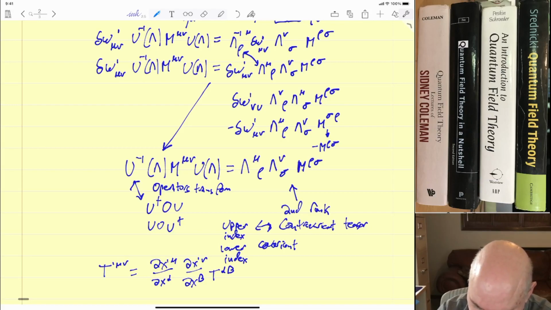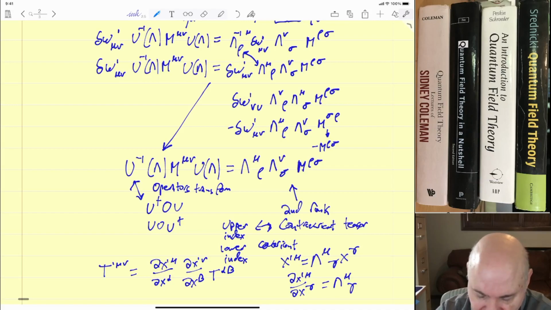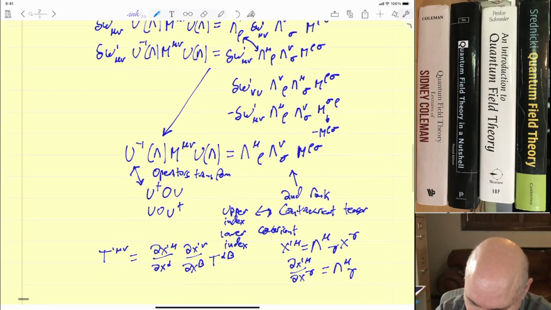So in this particular case, our Lorentz transformation is x prime mu equals lambda mu, let's call it gamma, x gamma. So the partial of x prime mu with respect to x gamma is equal to lambda mu gamma. So you can see we have the right things here. It just says that M transforms exactly how it's written, as a second rank tensor. Okay.